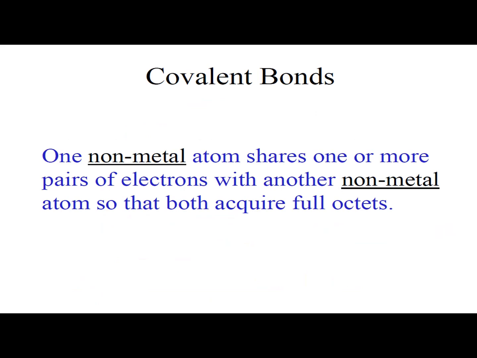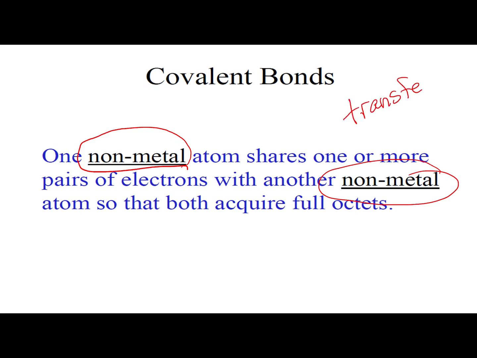Covalent bonds: the big thing to remember about covalent bonds is nonmetals, okay? One nonmetal atom shares one or more pairs of electrons with another nonmetal. So our electrons are transferred in ionic, but they are not transferred in covalent.